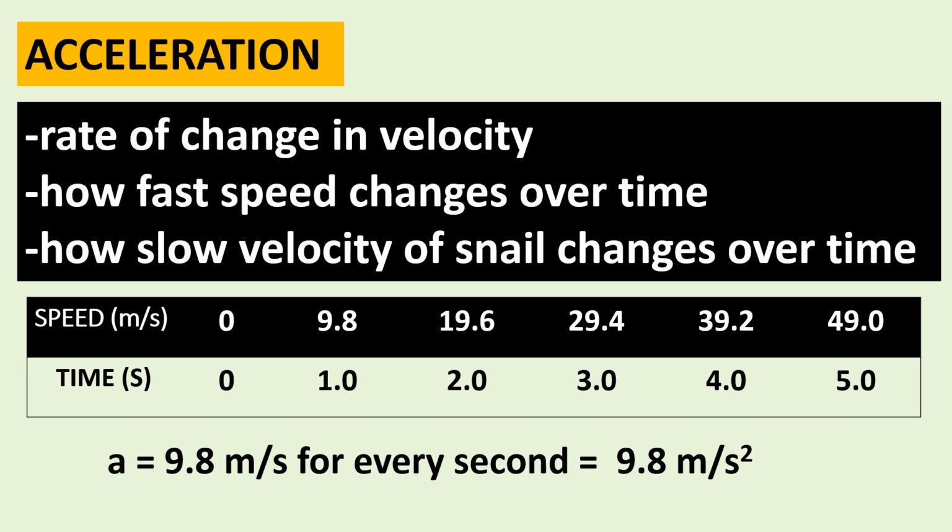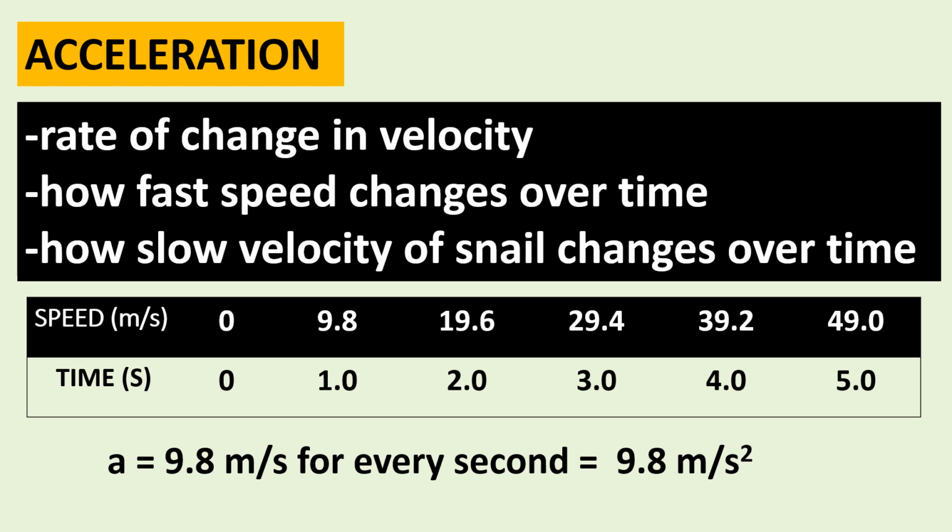So let's analyze. At zero time, the speed of the body is zero, means that the body is starting from rest. And 1 second after, you will notice that the speed of the body has become 9.8 meters per second. For the next 1 second, meaning for an elapsed time of 2 seconds, the speed is now 19.6 meters per second.